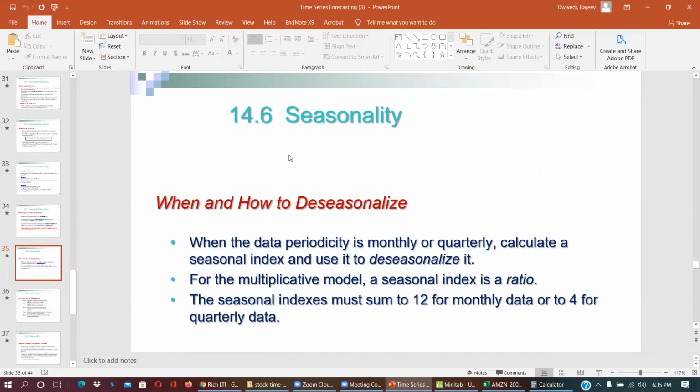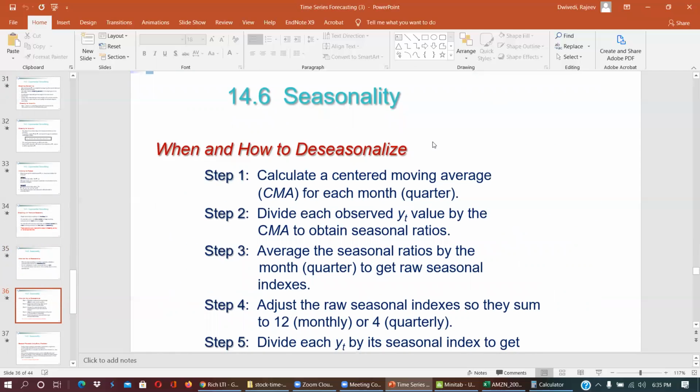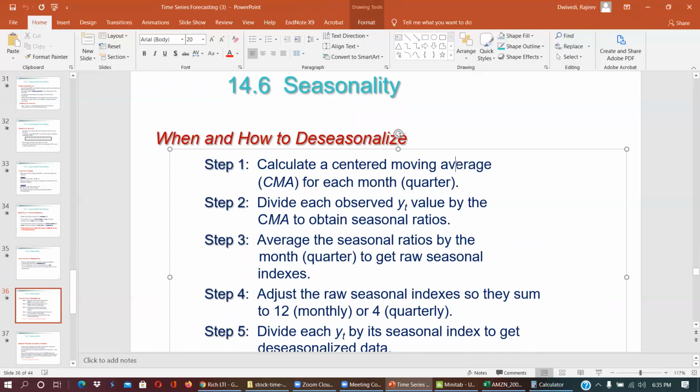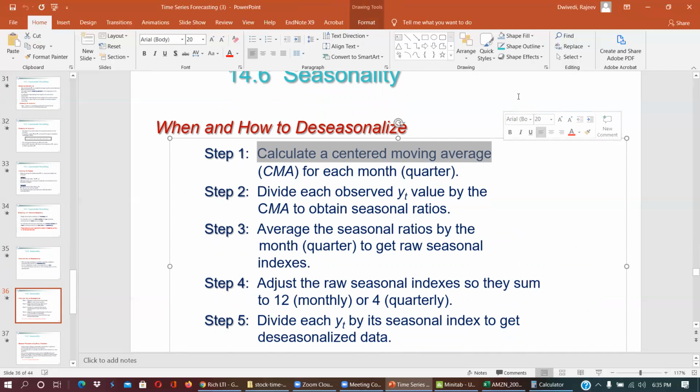Now seasonality: how and when to deseasonalize. When the data is periodic, monthly or quarterly, calculate the seasonal index and use it to deseasonalize. There are many methods, but it is not commonly applied.